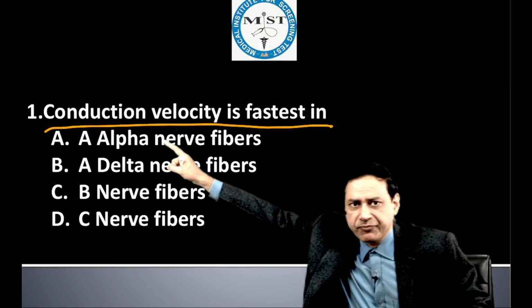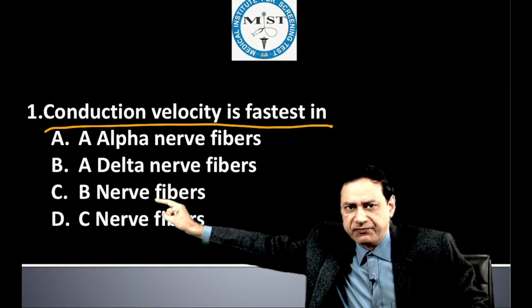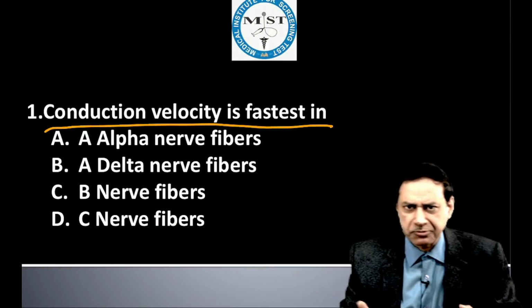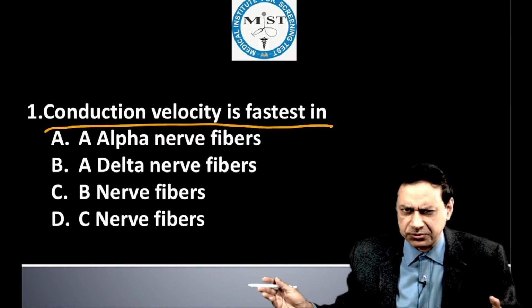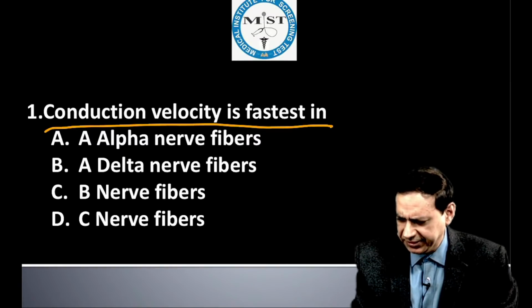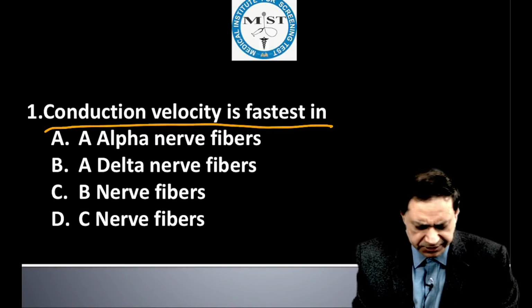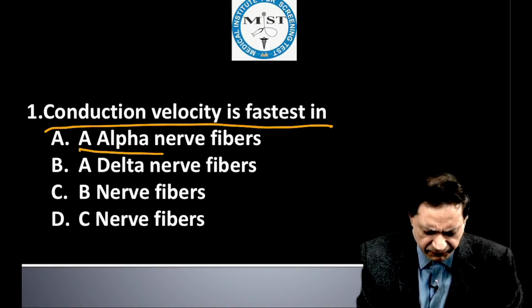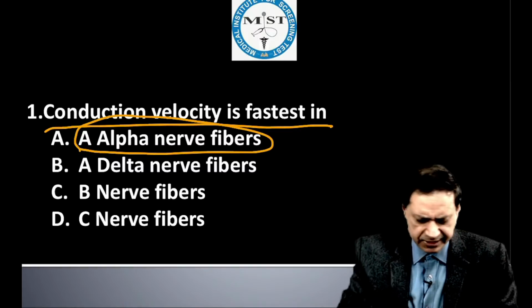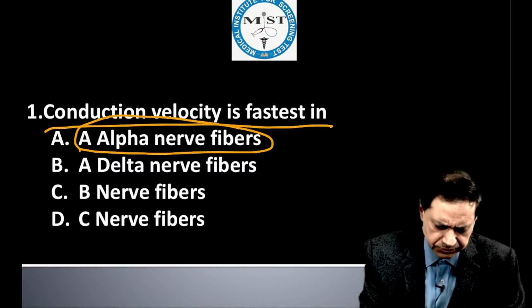A alpha, A delta, B nerve fiber, C nerve fiber. You are supposed to know this. Very simple question. Yes, Ravi Sharma is right. It is A alpha nerve fiber. This is the answer.